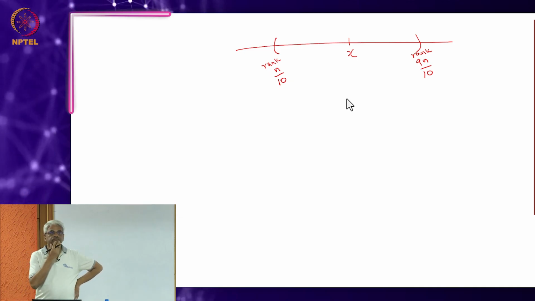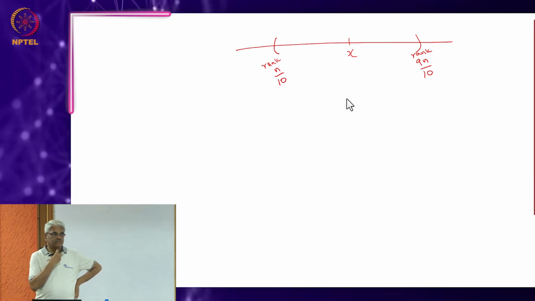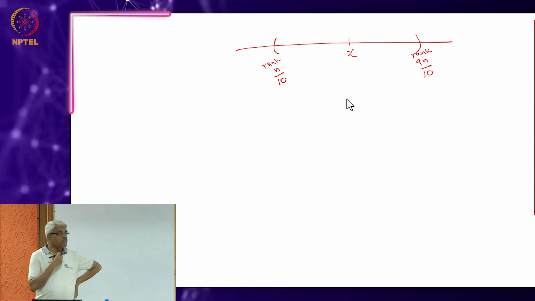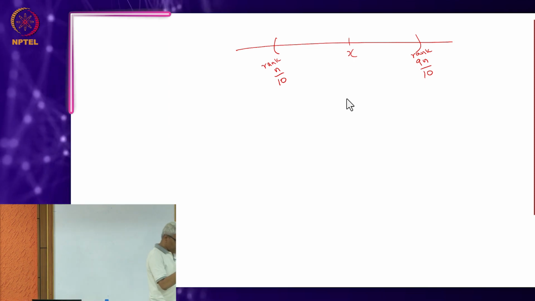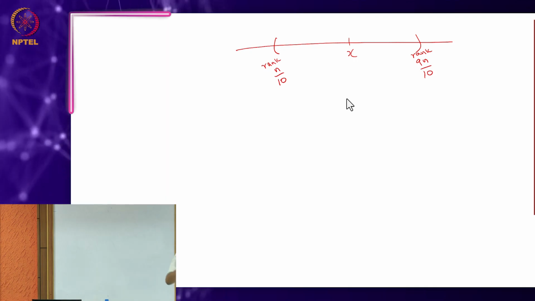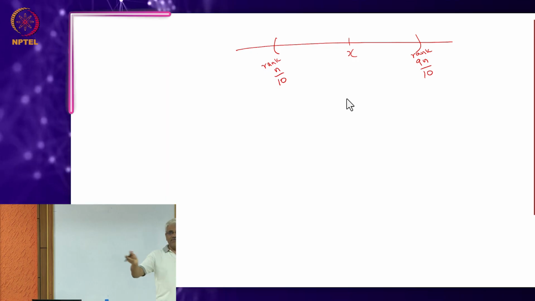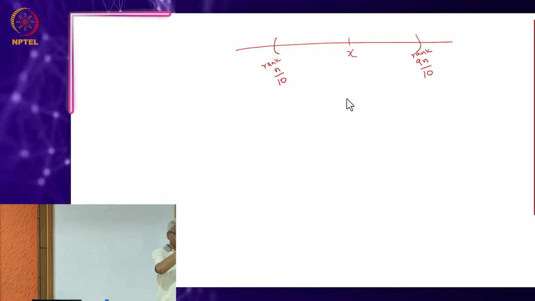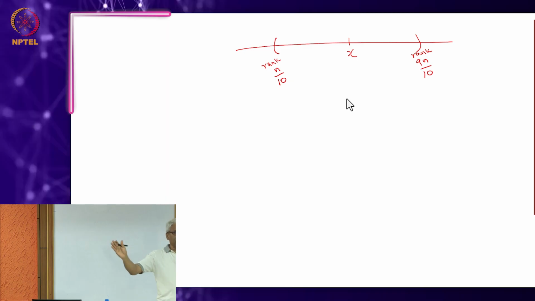It's a random pivot, right? I'm picking a uniform element from 1 to n. That element has rank 1 with probability 1 by n, 2 with probability 1 by n, 3 with probability 1 by n, and so on. Okay.